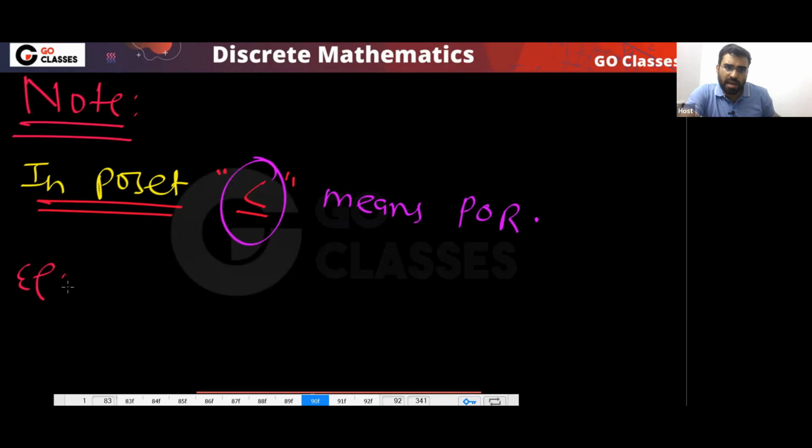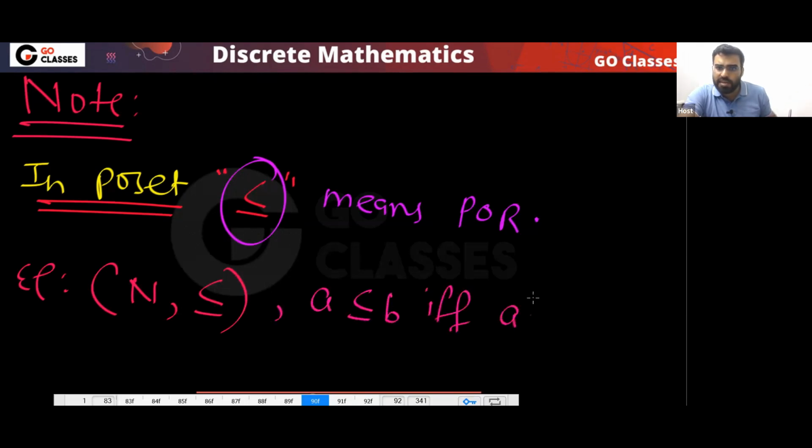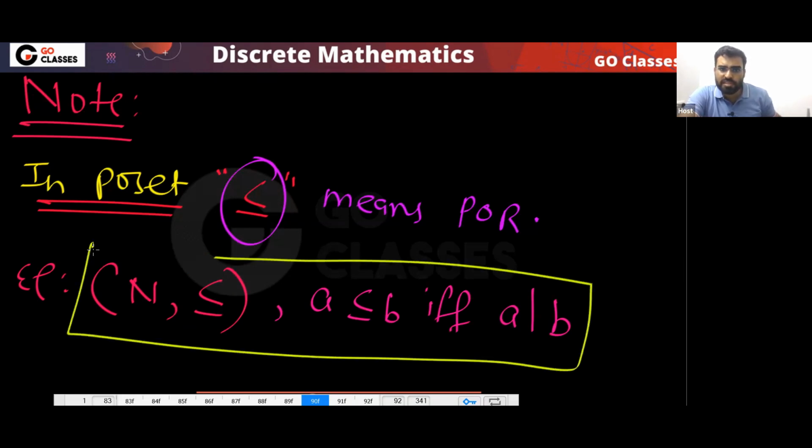For example, take the set of natural numbers with this relation, and I say A is related to B if and only if A divides B. So in this example, this symbol is divides, because A is related to B if and only if A divides B. So in POSET, this symbol means partial order relation.